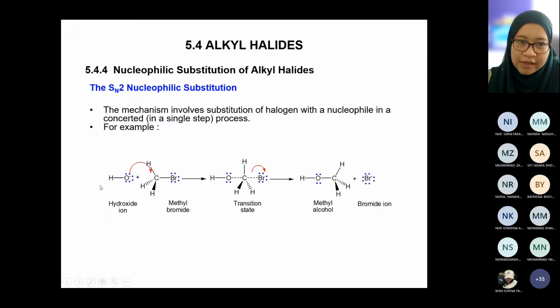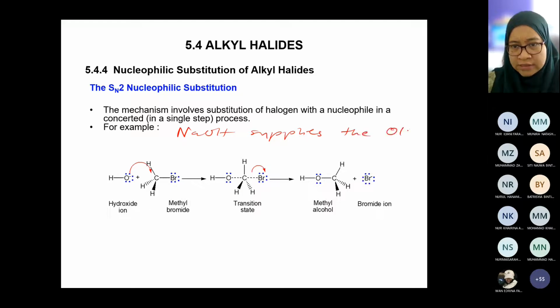Okay, contoh. Look at the mechanism. Okay, alright. So this is the methyl bromide, the methyl halide, basically. Okay, so this is the structure. Okay, so the OH that comes from sodium hydroxide just now. So sodium hydroxide supplies the OH minus.